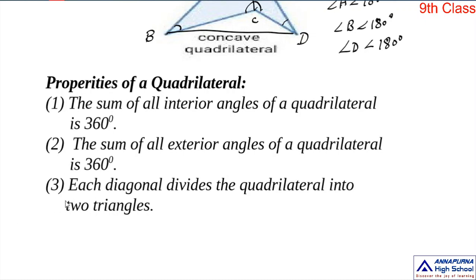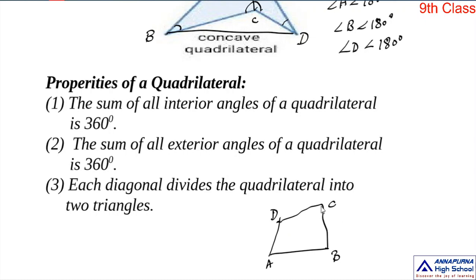Next, the third property: each diagonal divides the quadrilateral into 2 triangles. See the figure. This is a quadrilateral ABCD.